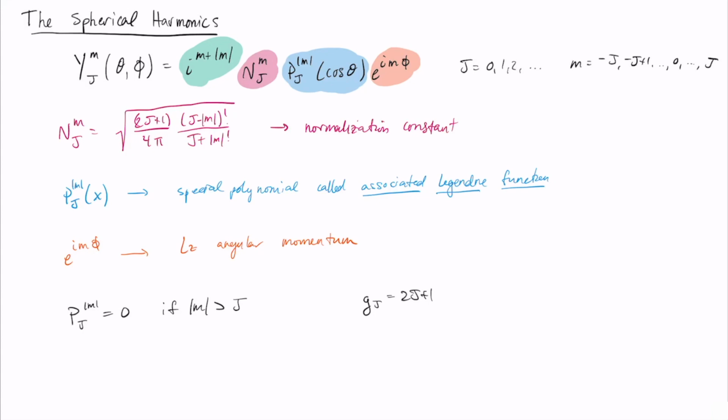Because if you count from 1 to j, there are j terms there. If you count from minus 1 to minus j, there are another j, and then you have the 0 term. And so there are 2j plus 1 different values of m that give you distinct associated Legendre functions, and that define non-zero spherical harmonics up here.